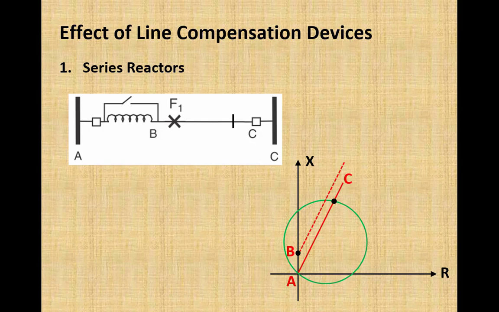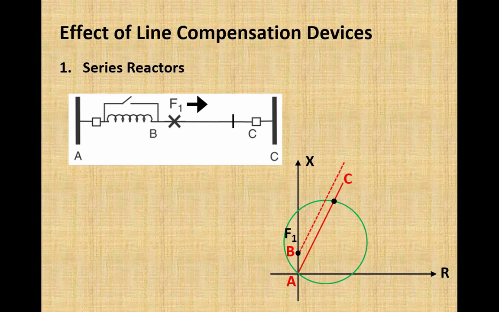If a fault occurs right after this reactor, that would be a fault at point B. We can clearly see here that although a discontinuity has been introduced by the series reactor, as it was by the series capacitor, the fault right after this reactor does not move outside the zone of protection of the relay. It still remains inside the zone of protection.